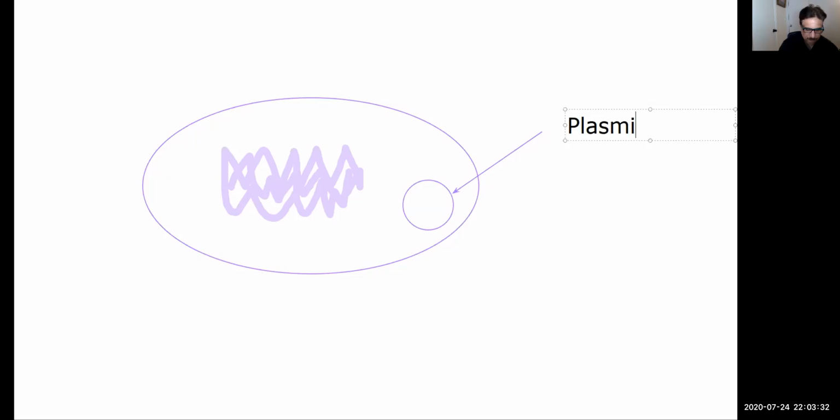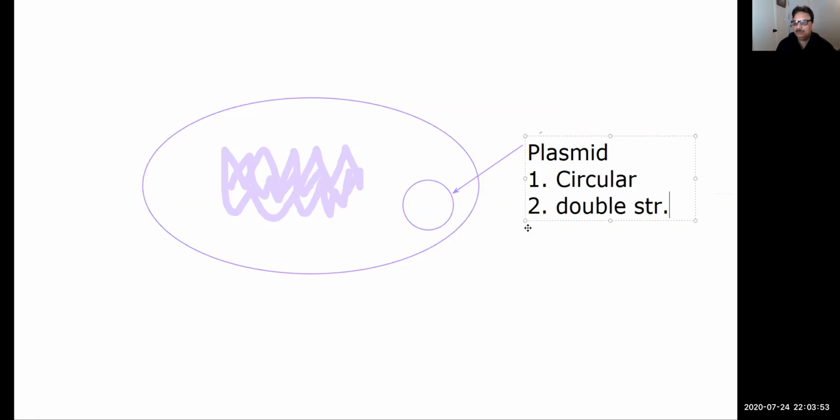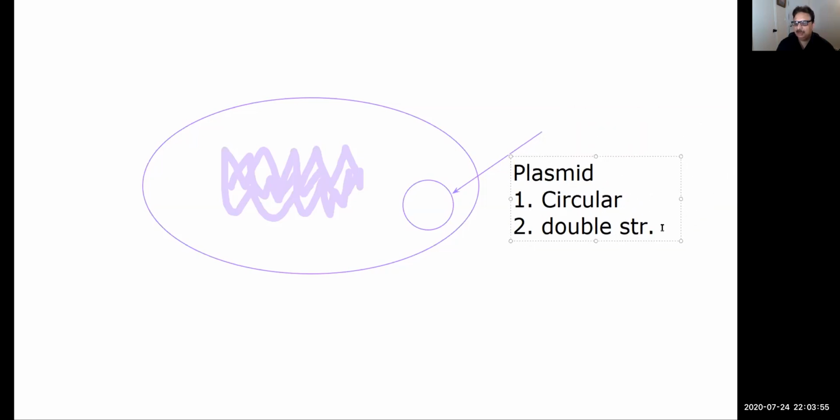Now, what are plasmids? As the shape suggests, they are circular. Second, they are like any other DNA, double-stranded. But in addition to being circular and double-stranded, plasmids have two more features.